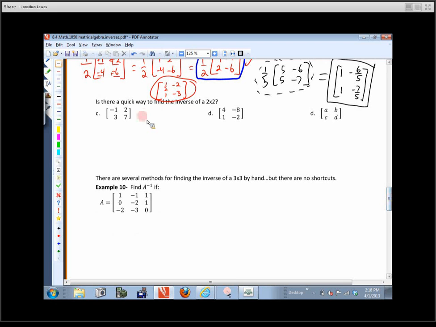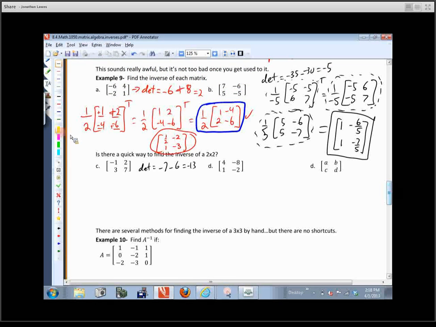Okay, so let's find the determinant here. This is going to be, well, let's see, wait, this is good. -7 minus, oh no, not so good, -13, right? Okay.